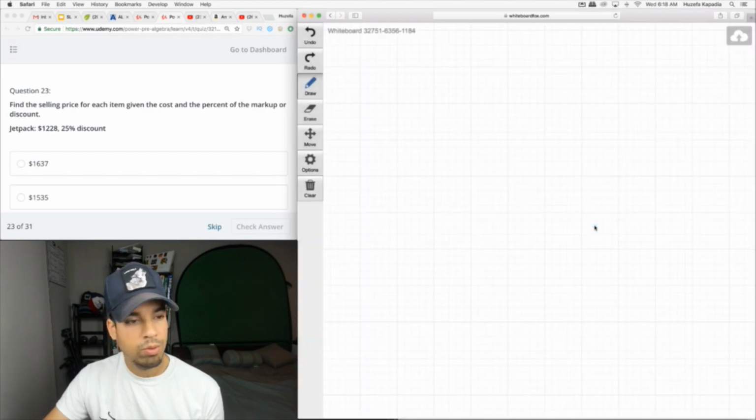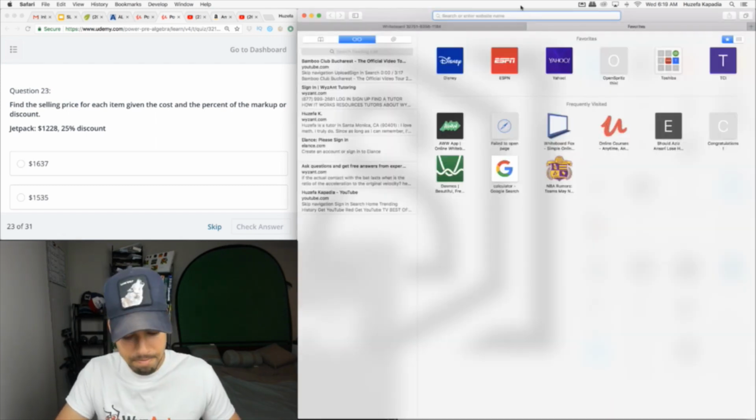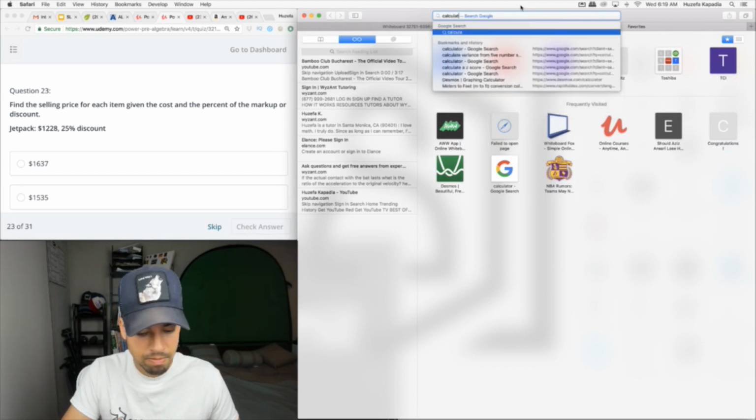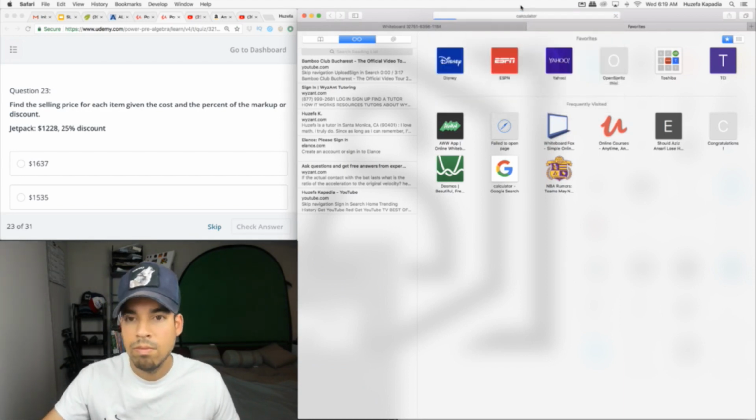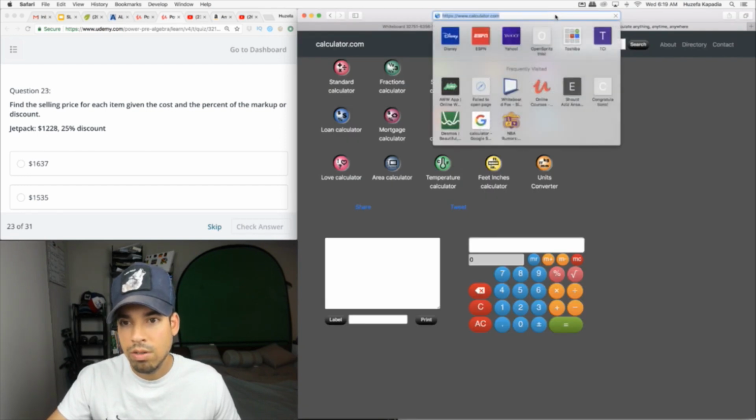All right, question number 23. Find the selling price for each item given the cost and the percent of the markup or discount. Okay, selling price. Now this is a 25% discount. So it's 12, and we're going to use a calculator for this one. So we take 25%, we multiply it like this. Let's go to our calculator.